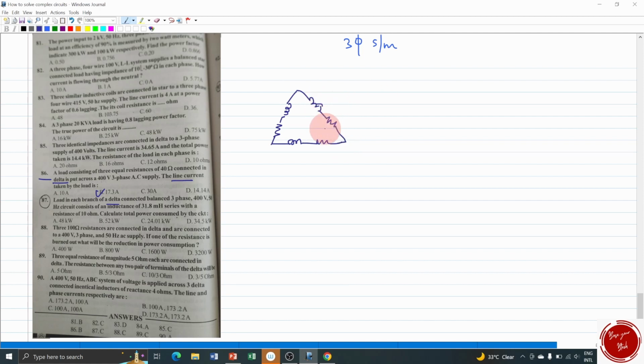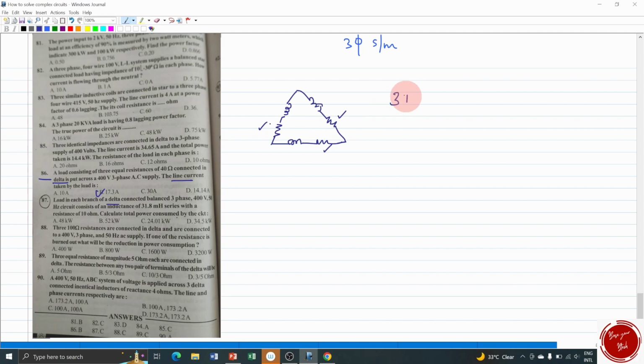You know that there is power consumption only in resistors, not in inductors. So we have to get the power of individual resistors, or let's find out the power consumption in one of the resistors and multiply by 3.